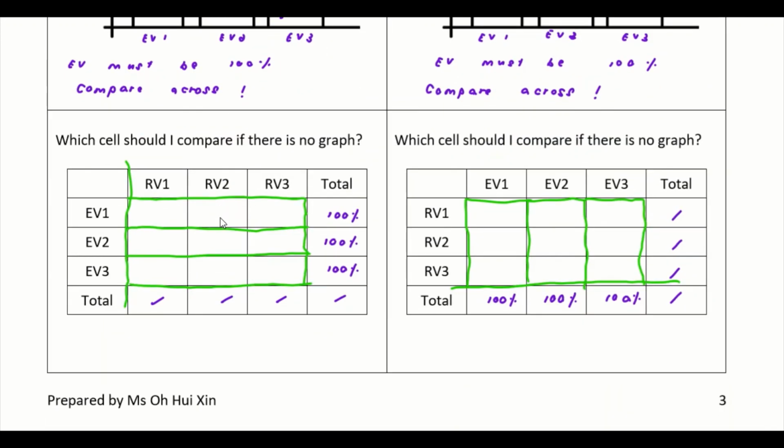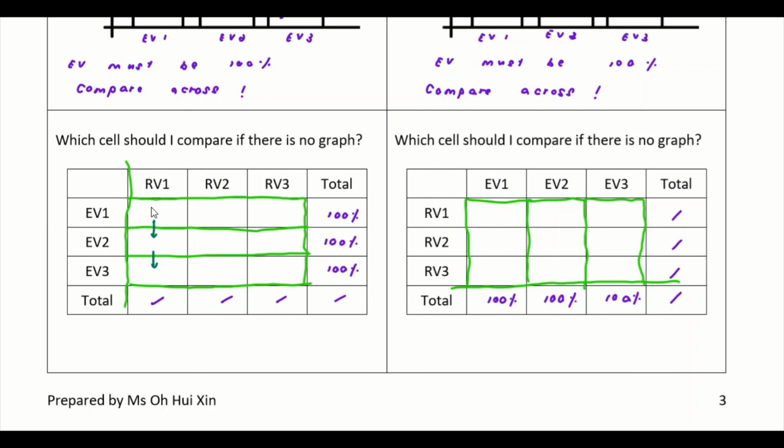So that's why if let's say you didn't draw the stack column graph, then when you are comparing only the numbers, how you are looking at it is based on how the column looks like. So when you're having this kind of column, meaning moving across, meaning that you are reading it from here to here, from here to here. So which means if let's say, okay, let's write an example here.